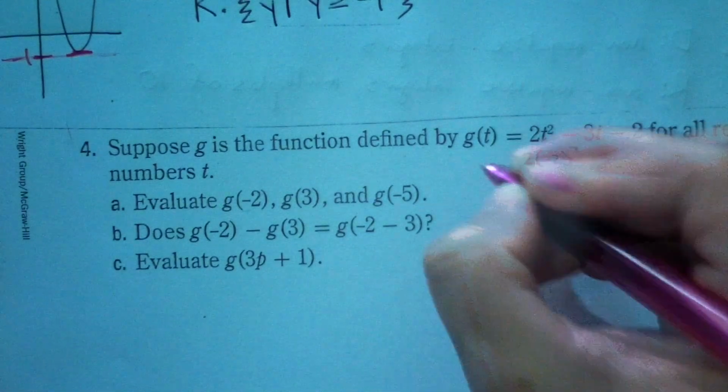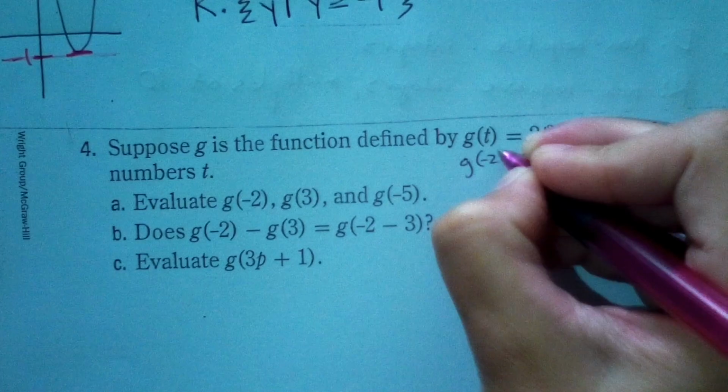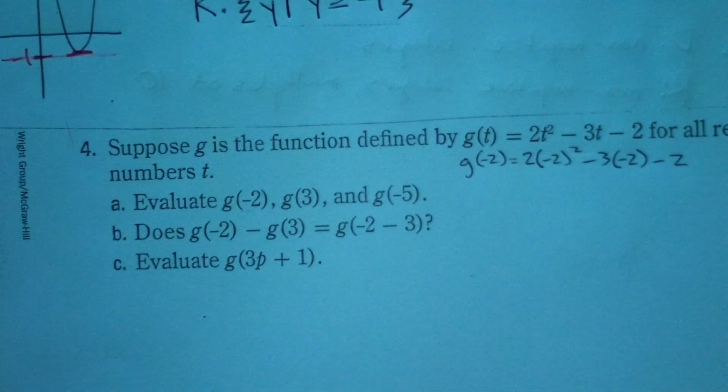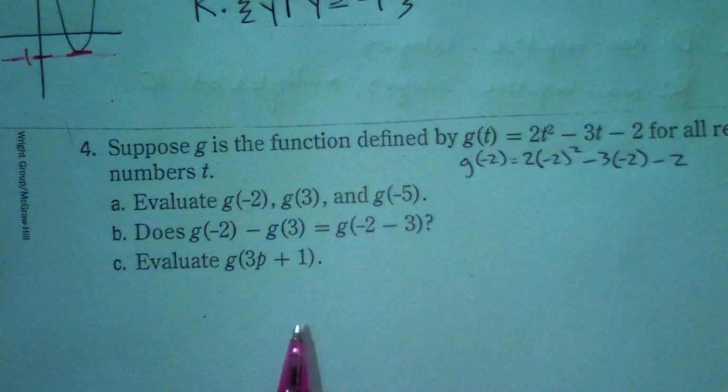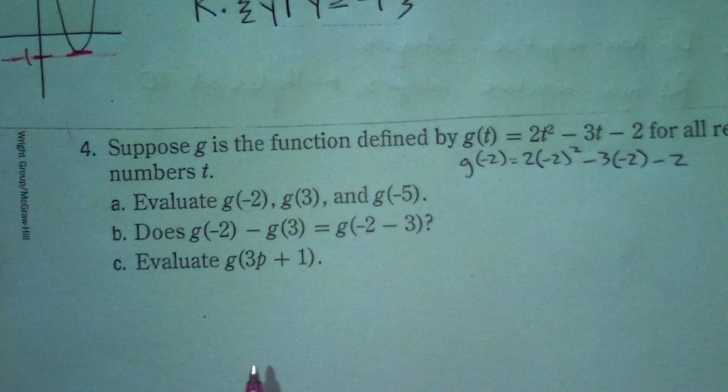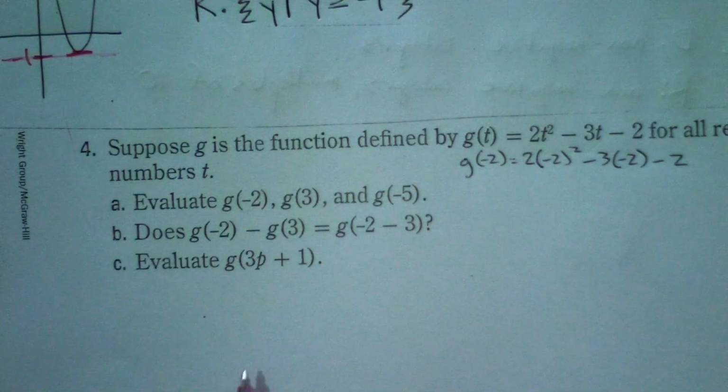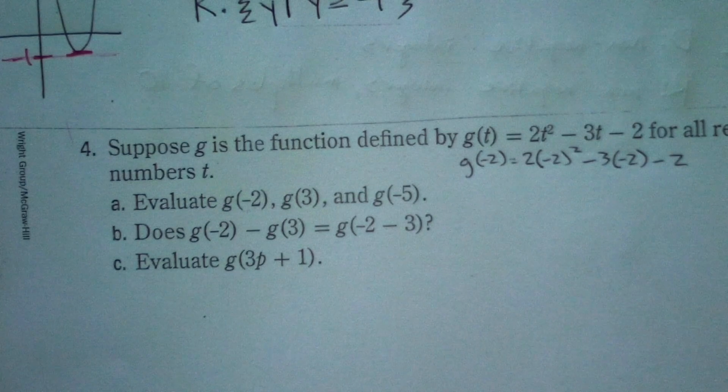And then the last one, when they want us to evaluate and it's got some other letter in it, you do actually have to physically plug it into the original function. You can't do those ones on the calculator, but you would just take that chunk they give you and put it in for all the spots of the t.